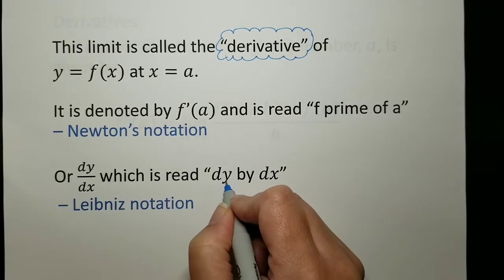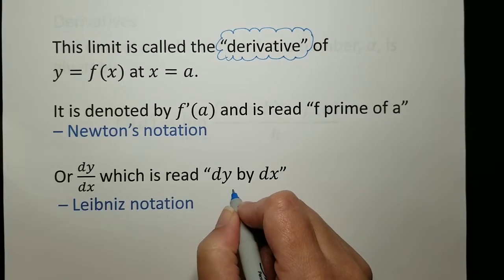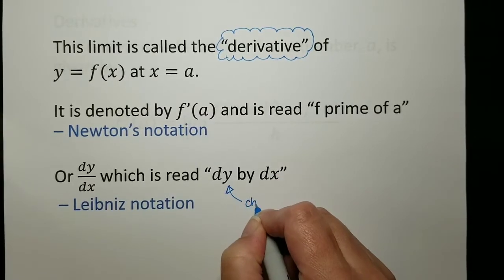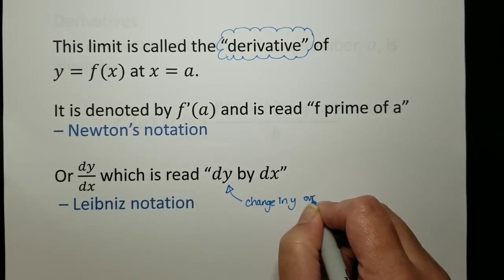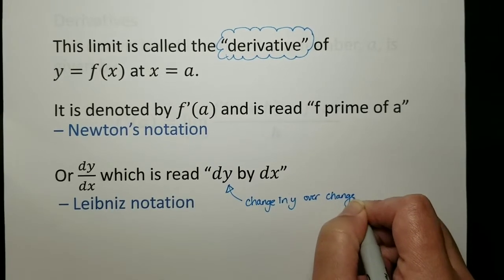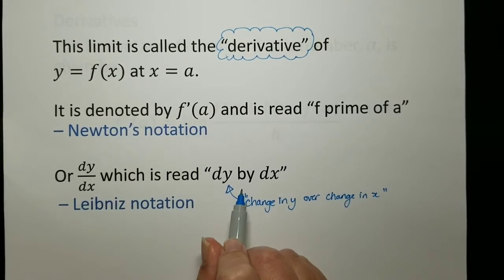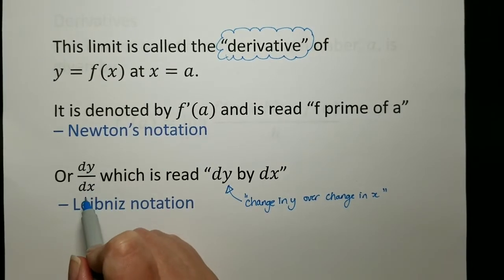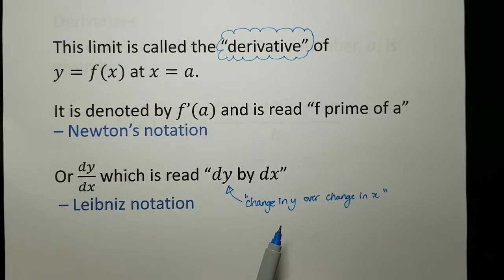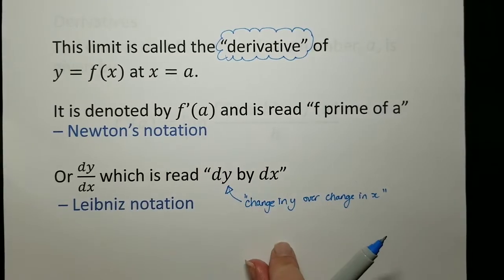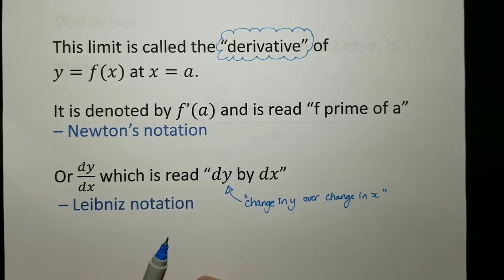So this means the difference in y divided by the difference in x, so the change in y over the change in x. It looks similar to a delta y over delta x, but using the d instead of the delta indicates that it's an instantaneous change instead of the change over an interval. That's reminiscent of delta y over delta x being our slope formula from grade 9.